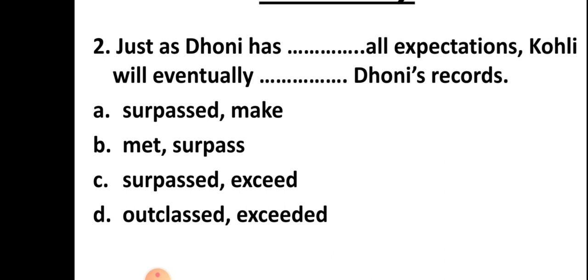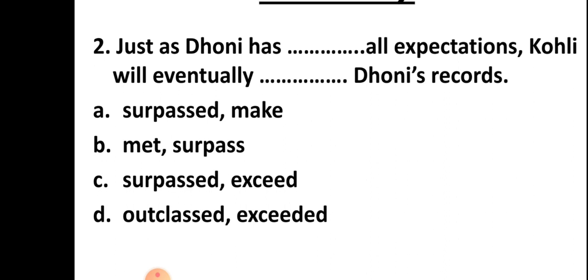Look at option D, outclassed and exceeded. Just as Dhoni outclassed all his expectations, Kohli will eventually exceeded. Remember that modal verbs are not generally followed by V2, and exceeded is V2. So there is one more technique that you can apply here to eliminate this option, and that is the correct grammatical category.